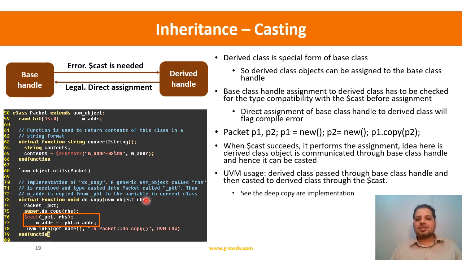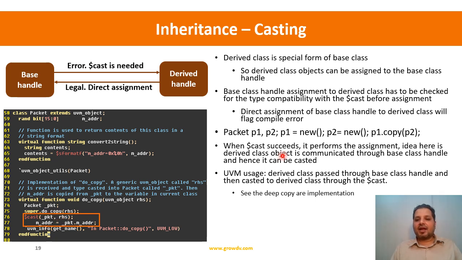I need to first check whether this base class object handle really contains an object of the type packet. So I have declared one handle of the type packet, and I am checking with a $cast. It is asking: is the object present in the handle RHS assignment compatible with this packet type? That's what it's going to check.